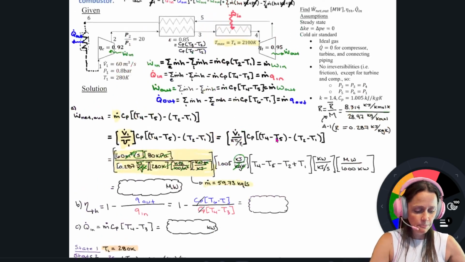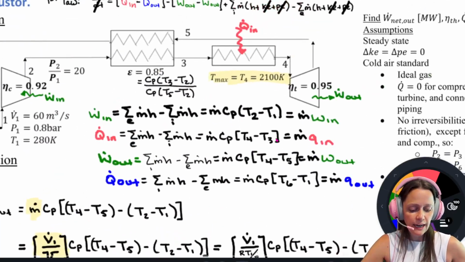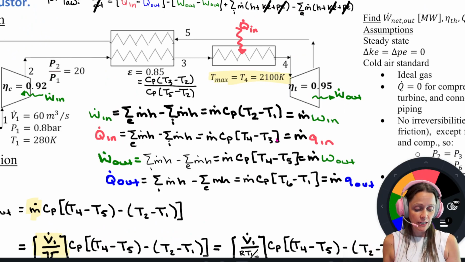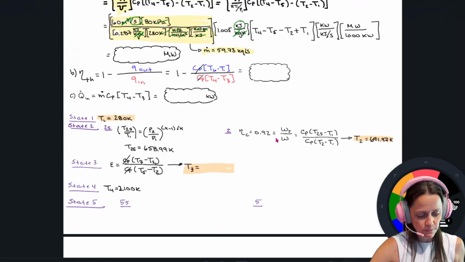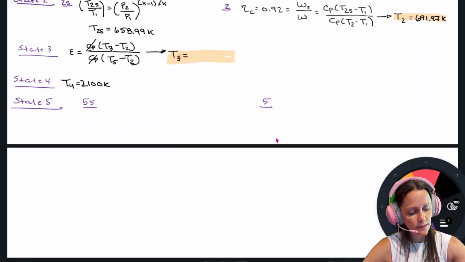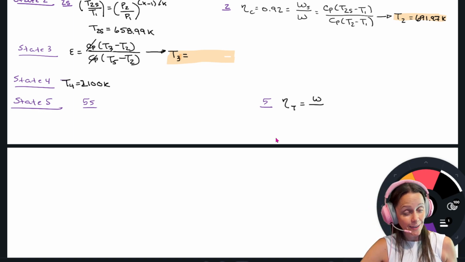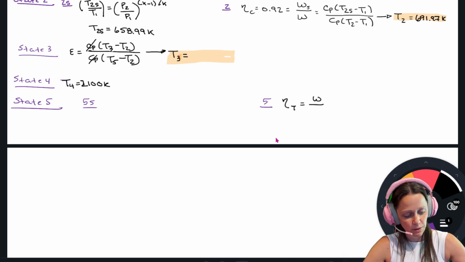Remember, state 5 is after that expansion process in the turbine. Ideally, the turbine would be operating isentropically, but I have an isentropic efficiency of 95% associated with that, so I need to use it to relate the isentropic and the non-isentropic process.